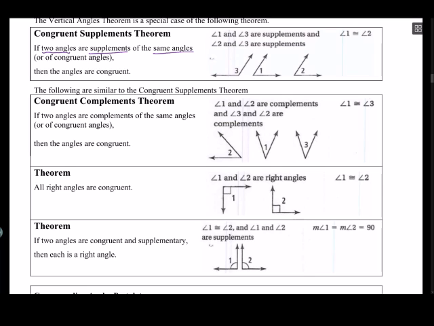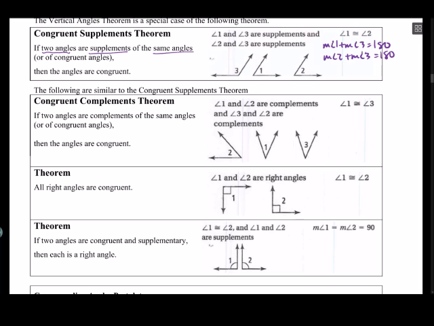We know that angle 1 and angle 3 are supplements, and angle 2 and angle 3 are supplements. So this says that the measure of angle 1 plus the measure of angle 3 equals 180 degrees. And this says that the measure of angle 2 and the measure of angle 3 equals 180 degrees. What's common to both of those? Angle 3. So we know 1 and 2 must have the same measurement.